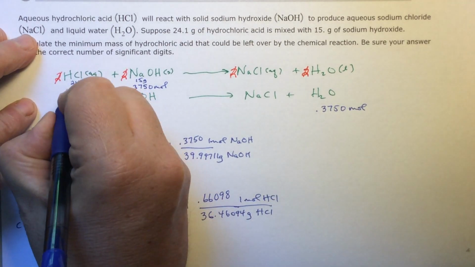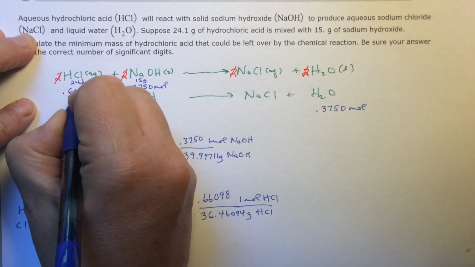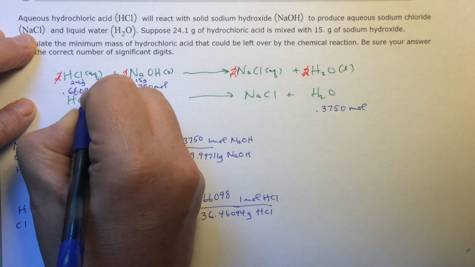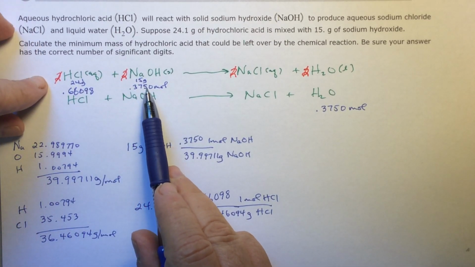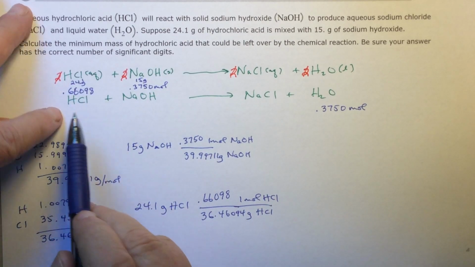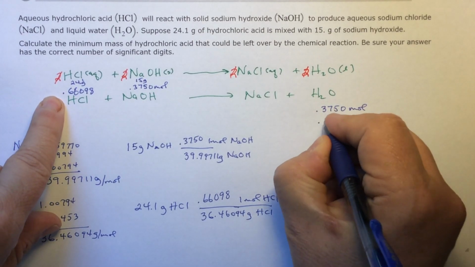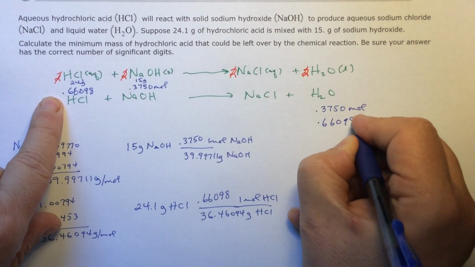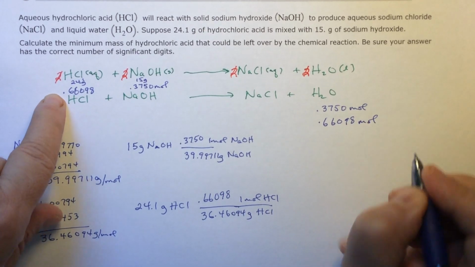Okay, that goes here, 0.66098. So if I had all of the sodium hydroxide I needed, how much water could I make with hydrochloric acid? Well, 1 is to 1 as 0.66098 is to 0.66098.